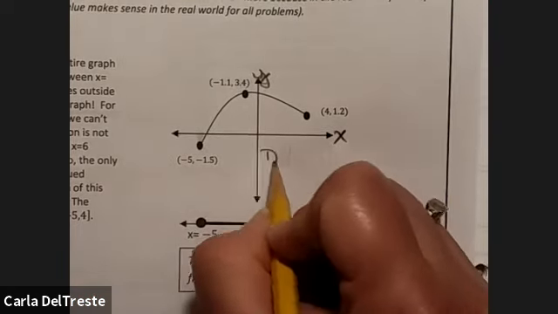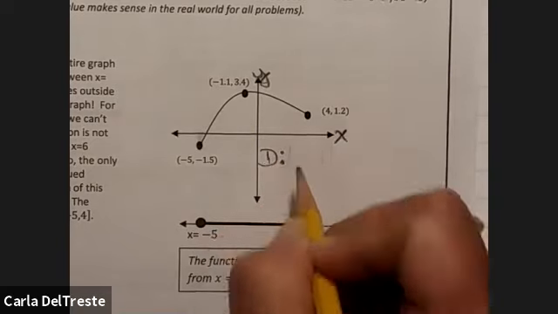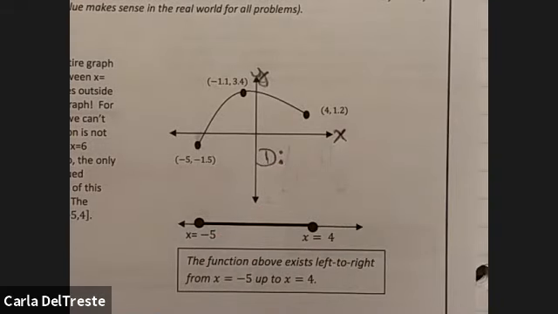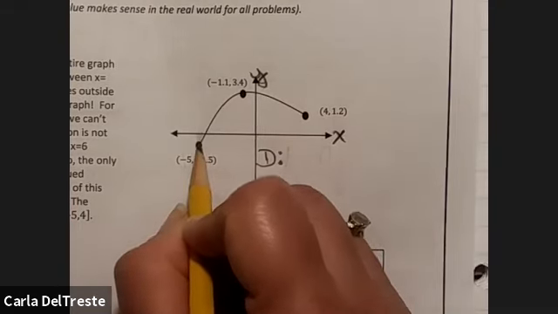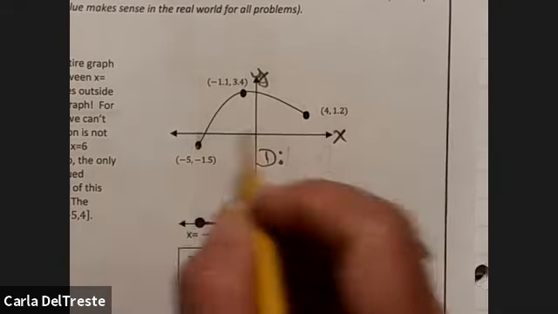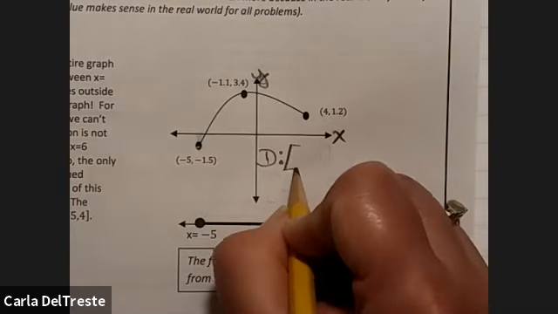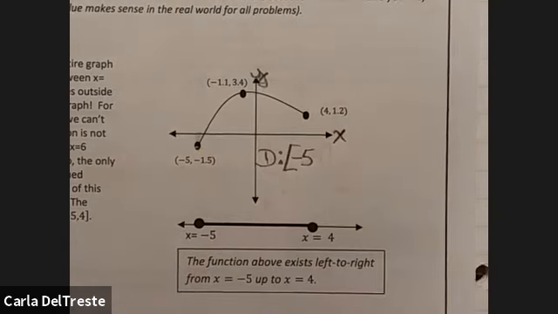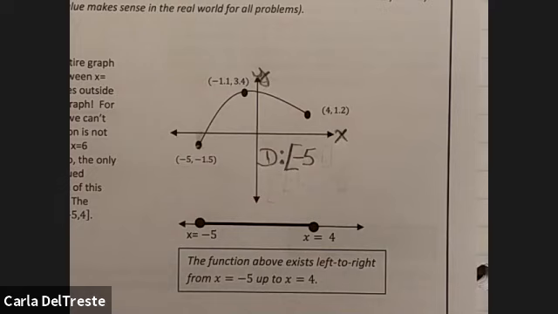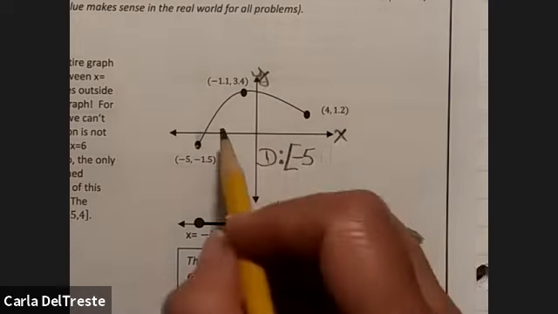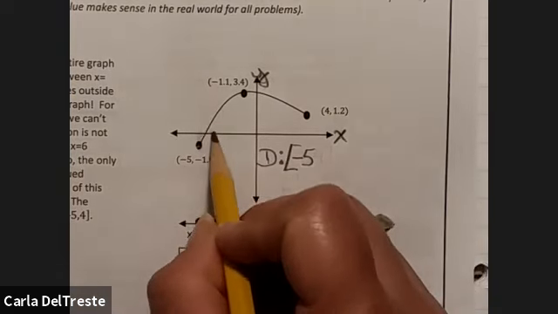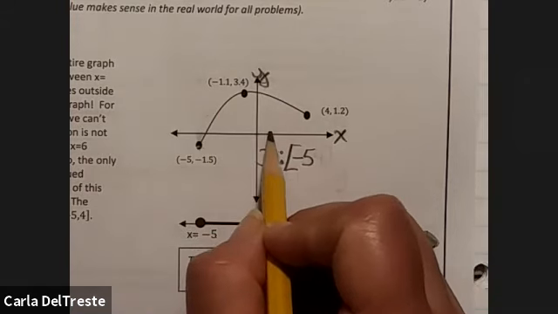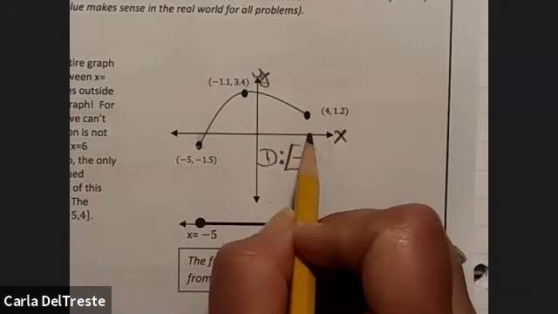So when I go to list my domain, which I'm just going to label with D for domain, I have a solid dot here, which means I could stand on the graph here. So that means I have a square bracket at -5. That is the first value where I could stand on the graph. Okay, input value where I could stand on the graph. Then I continue walking. Yes, I still have graph. I can see graph. I can see graph. When do I stop seeing graph?